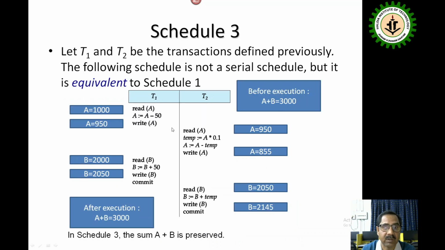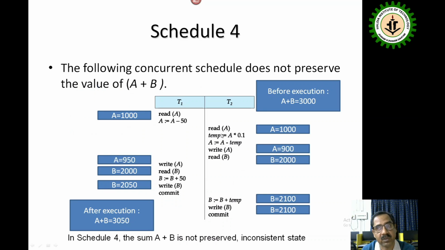Here schedule 3 is not a serial schedule, it is a non-serial schedule, but still it maintains the consistency of the database. This is also a non-serial schedule but does not maintain the consistency of the database.